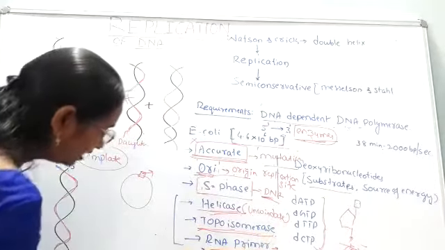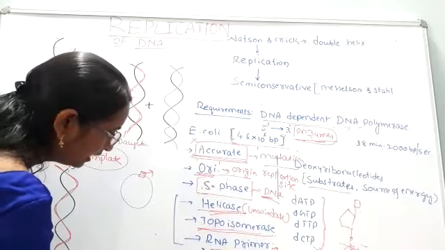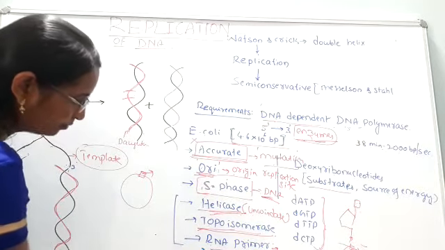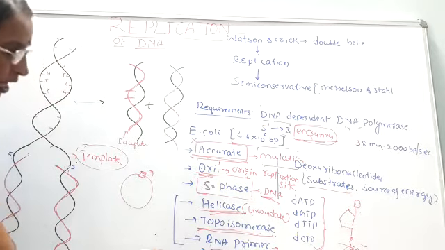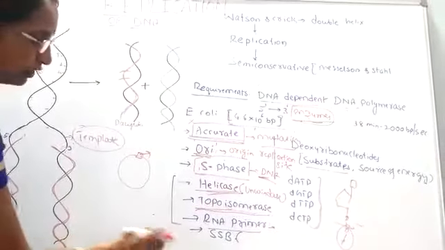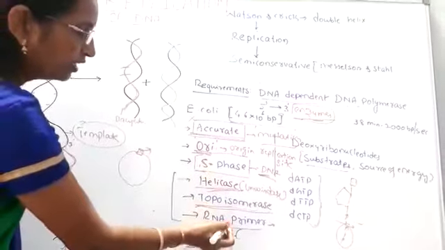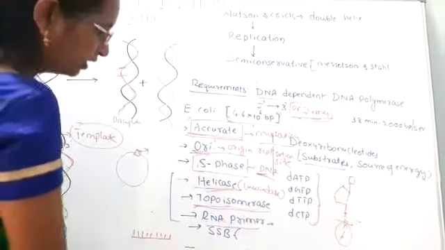RNA primer is a small fragment, composed of some nucleotides, which is essential to begin the process of replication.